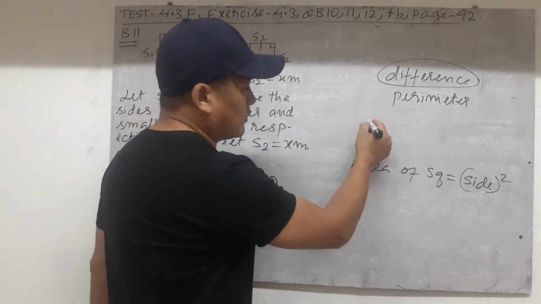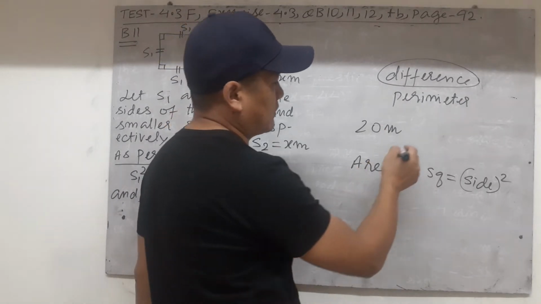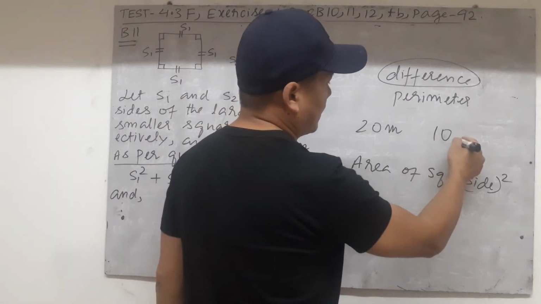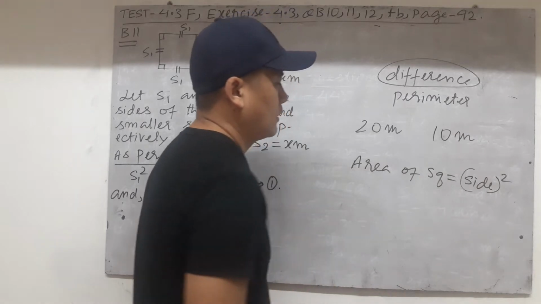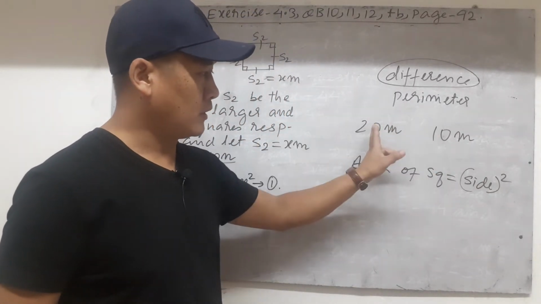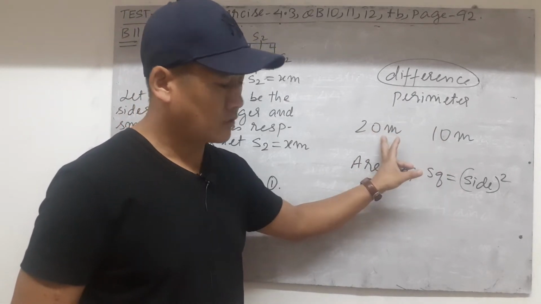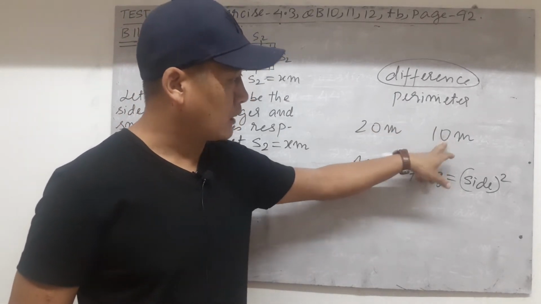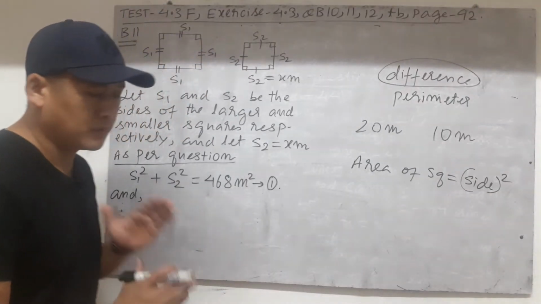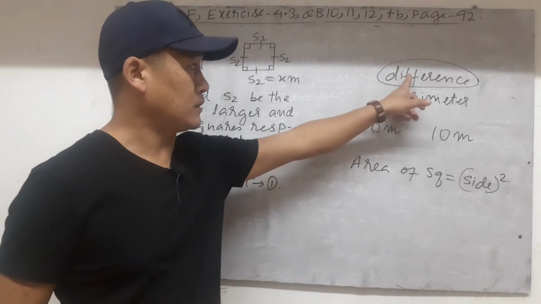In other words, if you got 20 marks in a class test, English, and your friend got 10 marks, means your mark is higher than your friend. So difference of your mark to your friend will be bigger minus smaller. 20, yours is bigger, minus 10 and not 10 minus 20. So difference means bigger minus smaller. So bigger perimeter minus smaller perimeter means difference.